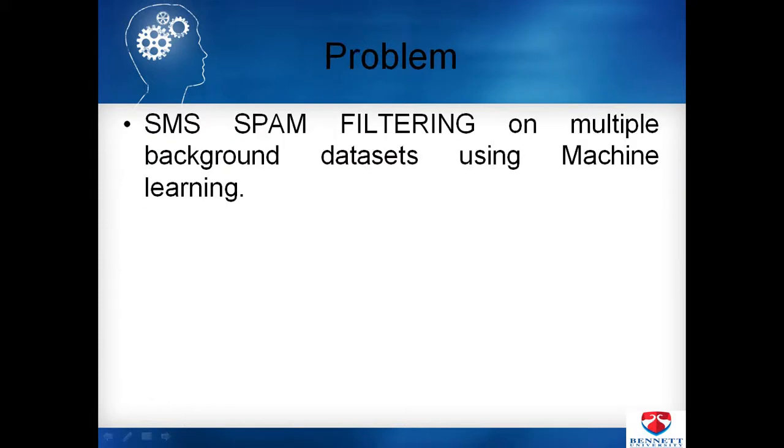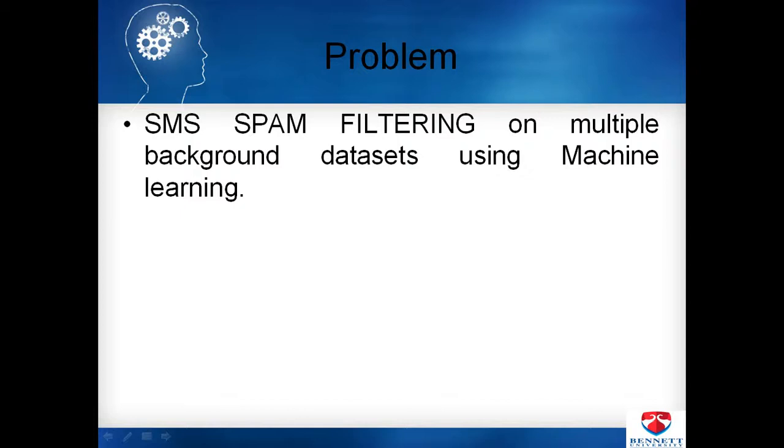If you talk about my problem, the problem is SMS spam filtering. As we know, SMS spam filtering is a very old topic and it has been explored a lot in previous years. But what is new in this problem?